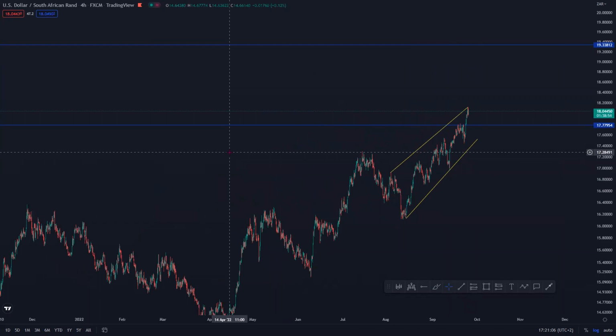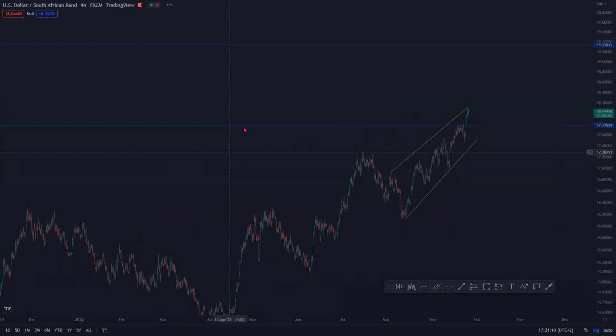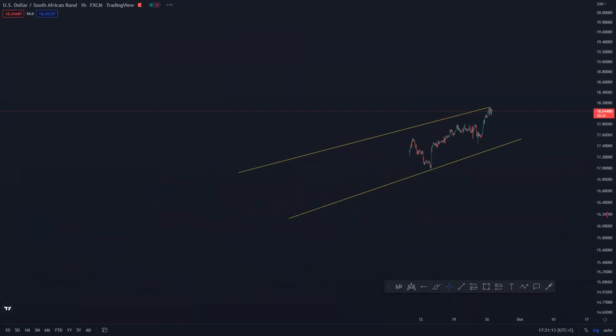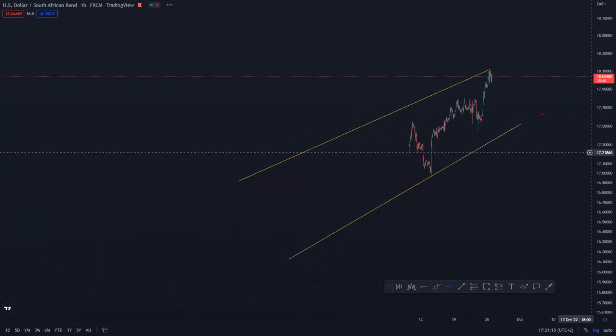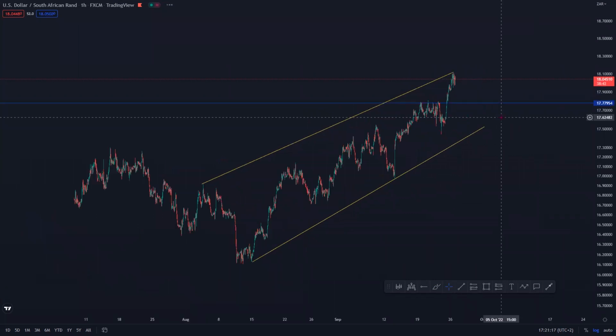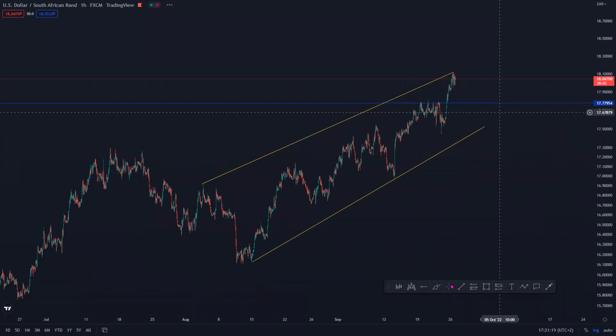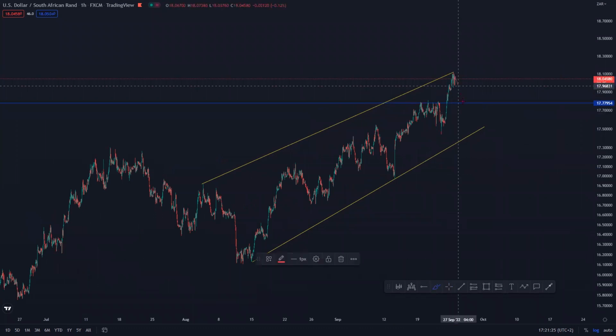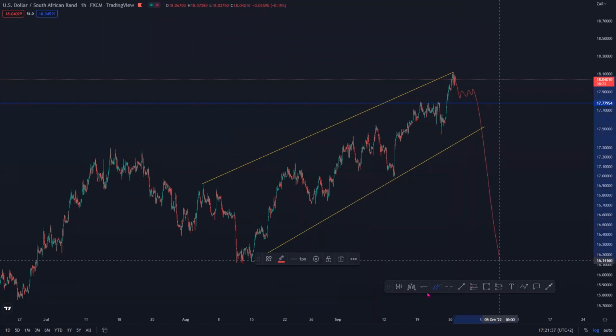Let me go to 1 hour. On the 1 hour, we have to wait for the market to give us a push to the downside, a push and a correction, and that's when we can look for our sell opportunities around here.